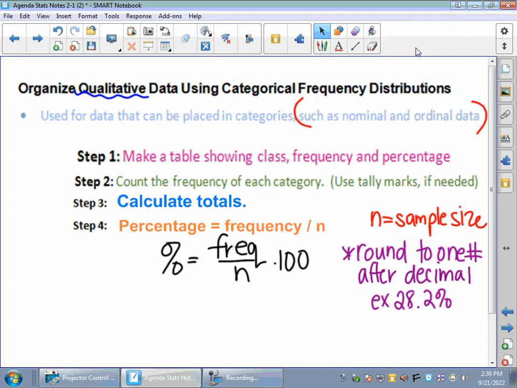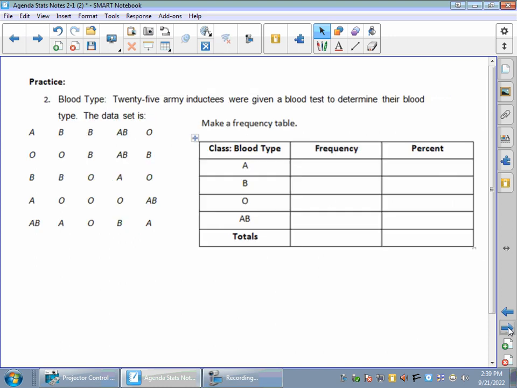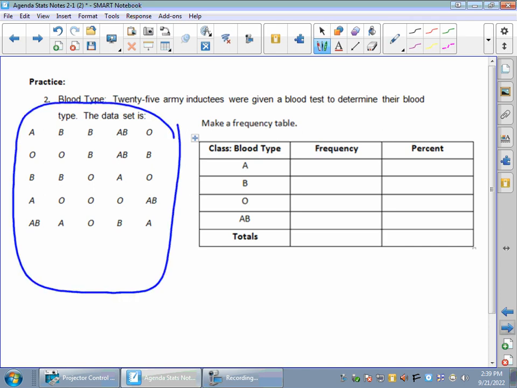All right, so let's make a quick table. Unfortunately, I already put the classes in this table. I don't know what I was thinking, but this is a blood type practice. 25 Army inductees were given a blood test to determine their blood type. Here is our data set over here. My first couple of questions I want to ask is, what is the sample size?